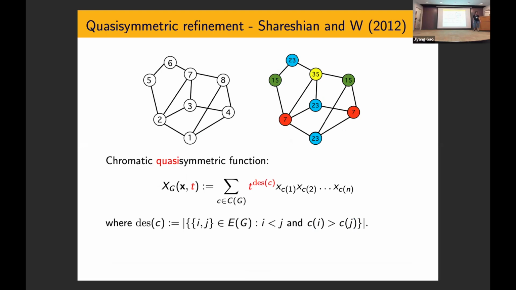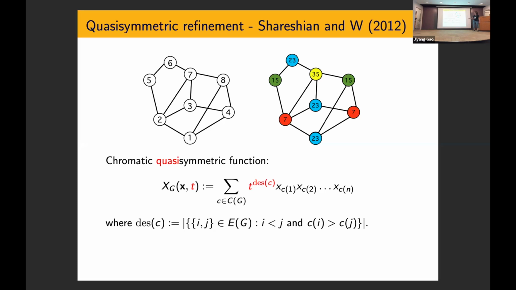So Shareshian and I came up with a refinement of the chromatic symmetric function. We call it the chromatic quasisymmetric function. We introduced this parameter t. t counts the number of descents in the coloring. So that's why these numbers matter. Colors have to have an order for this to make sense. A descent is an edge, like 1, 4, where the color of 1 is bigger than the color of 4.